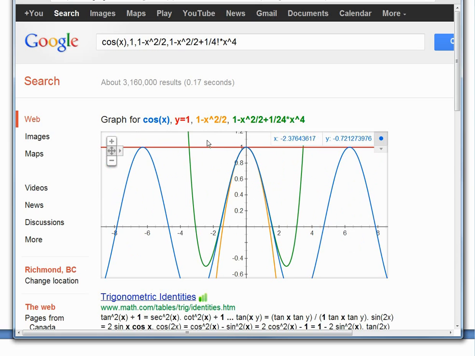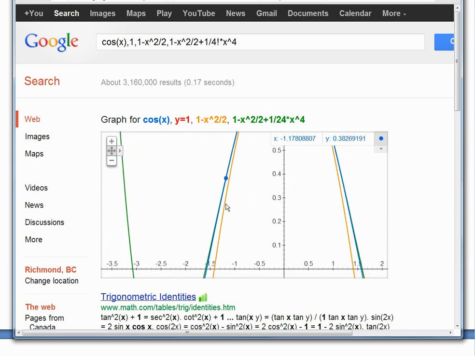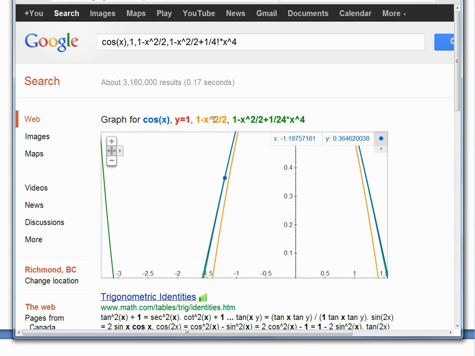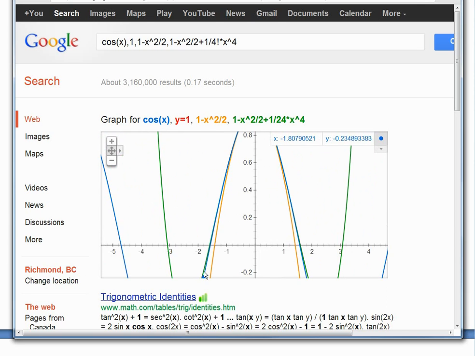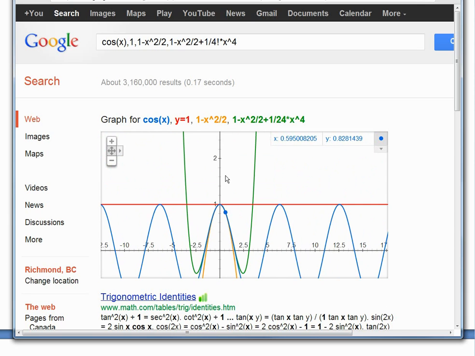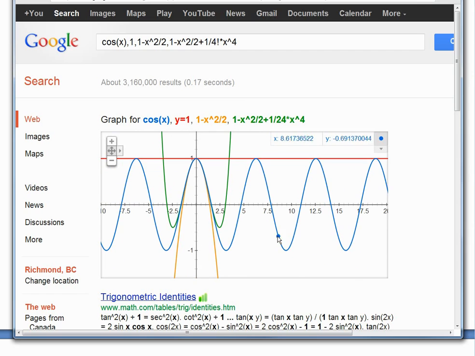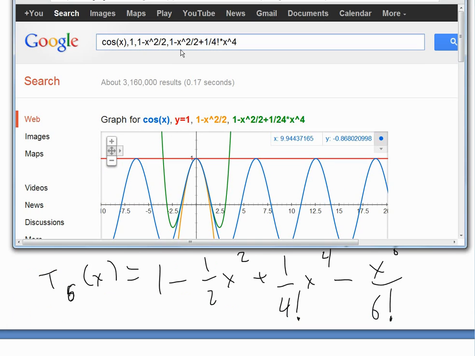But yeah, as you can see clearly that the higher degree polynomial, it gets closer and closer, because you can see that the yellow right here, this one is the second degree, this is the fourth degree, much closer here, and then it tapers off at the end there. And yeah, what also happens is as you go on to infinity, it actually becomes really close to all of this.